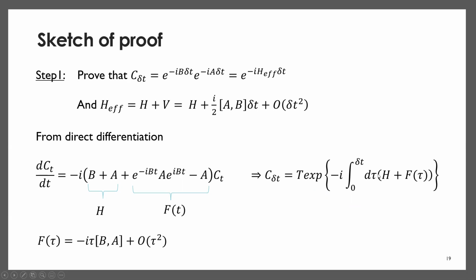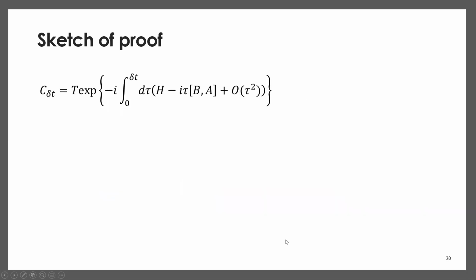This time-dependent Hamiltonian is basically the original Hamiltonian plus a term that is proportional to the commutator between A and B. After this step, we have found the time-dependent Hamiltonian that generates the circuit C delta T.